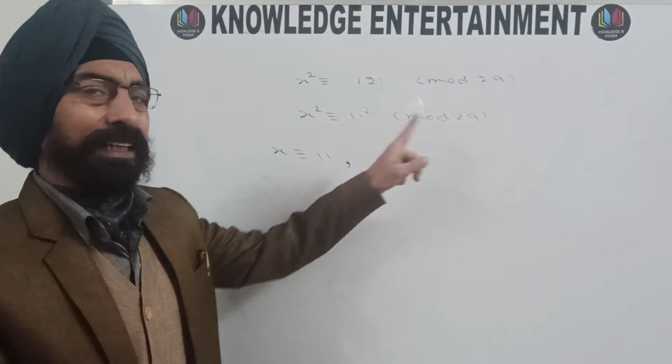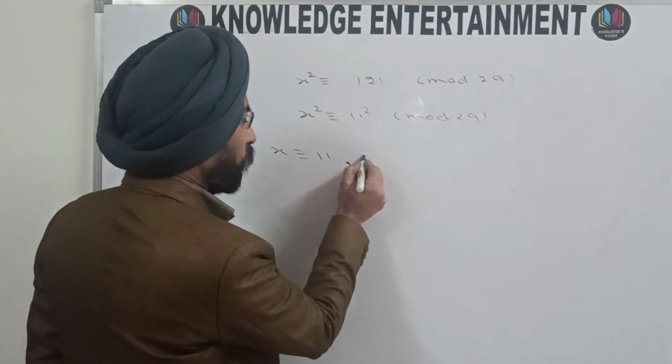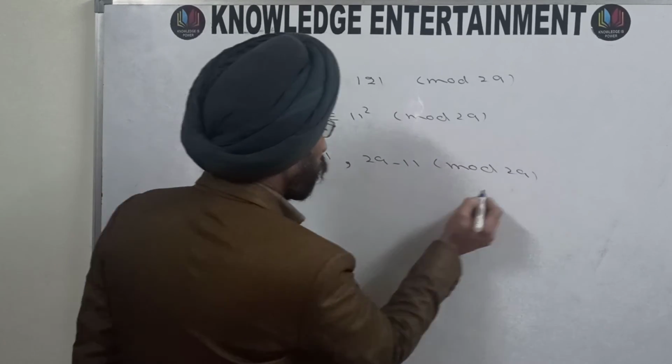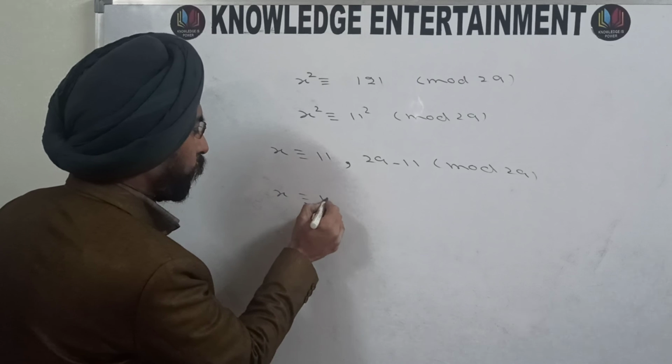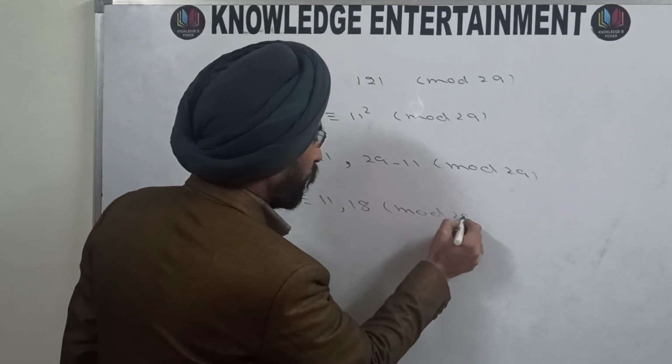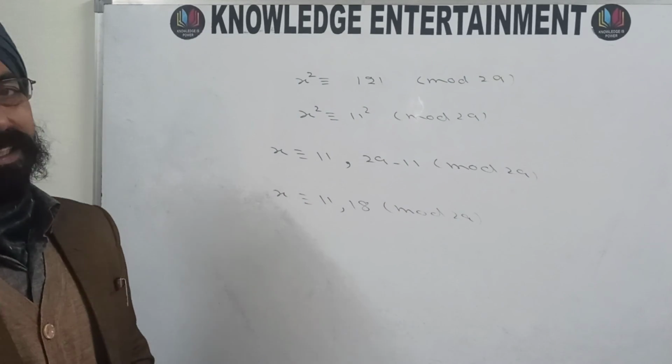So the other is 29 minus 11. So the two solutions are x congruent to 11 and x congruent to 18 modulo 29.